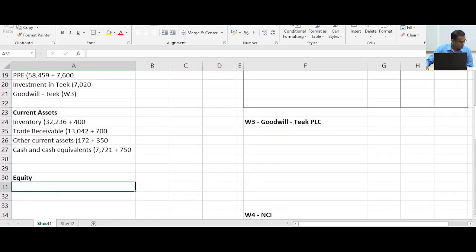Now how much is the share capital, stated capital of the parent? Parent stated capital comes to 16,718. Subsidiary equity capital, share capital is how much? 800, okay.